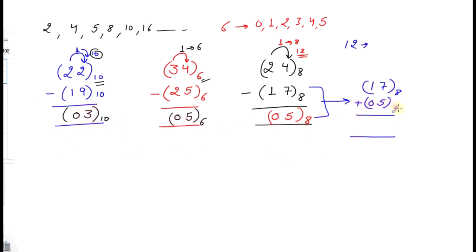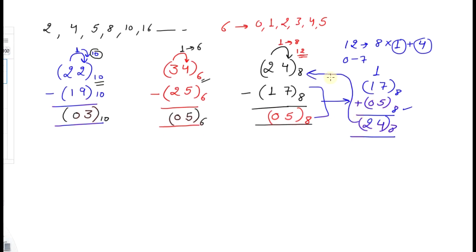But 12 we cannot write in base 8, because base 8 is only 0 to 7. So how do we write 12? 8 into 1 plus 4. So this 4 goes here and this 1 is your carry. So 1 plus 1, 2. 24. Same answer you got, right?